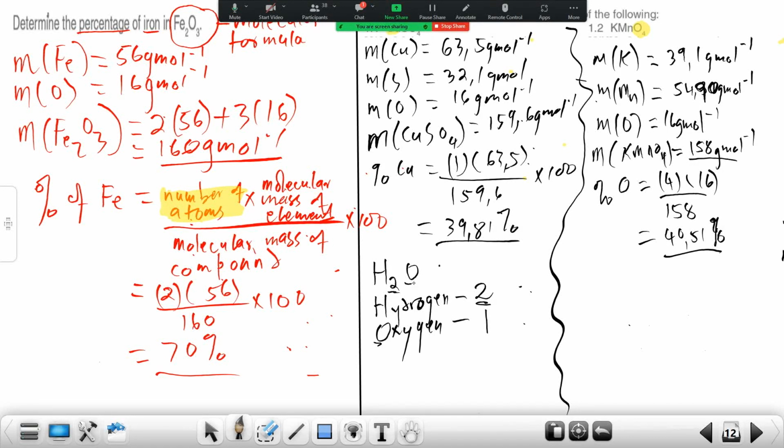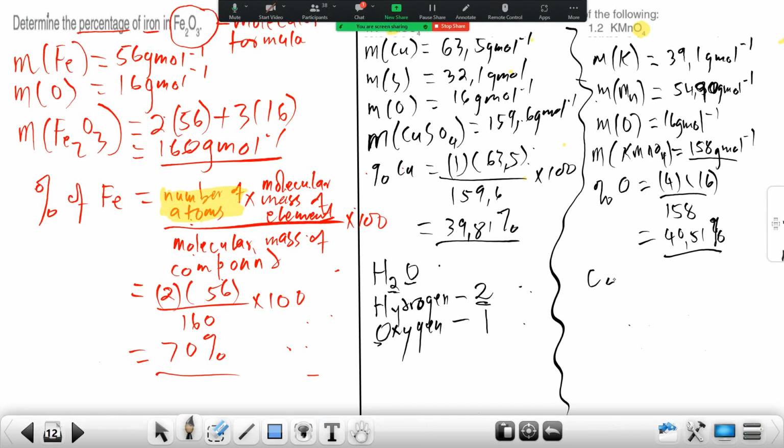So for oxygen, we only have 1 oxygen. But if we have now C4H6, how many carbons? 4. How many hydrogens? 6. So this is just an easy way of you ensuring that you know what to substitute here for the number of atoms.